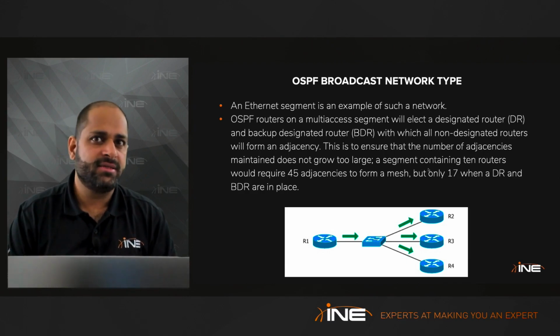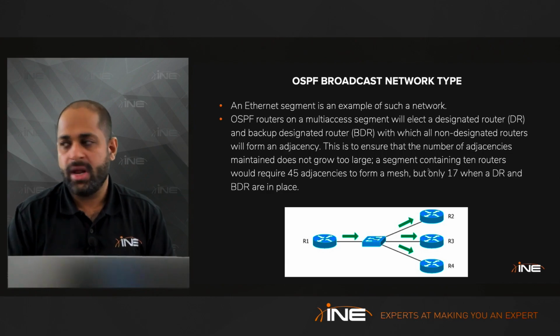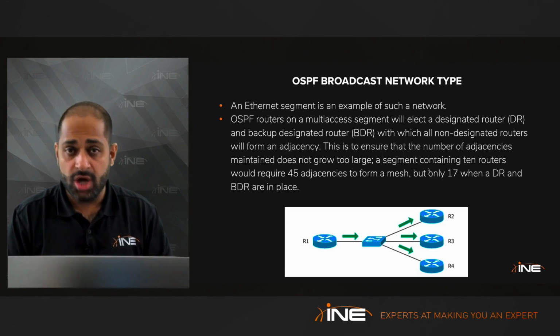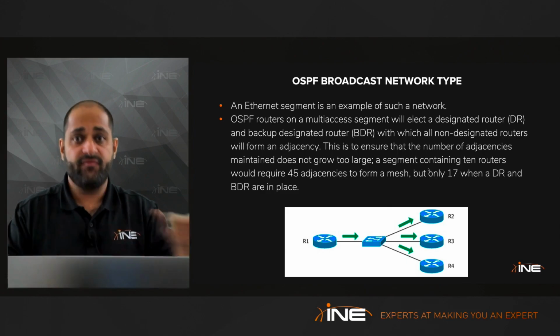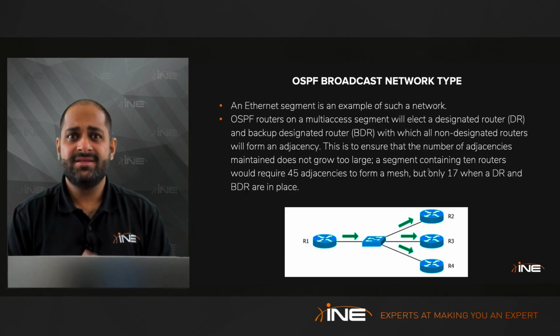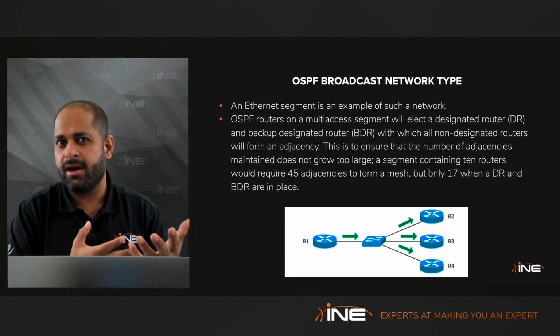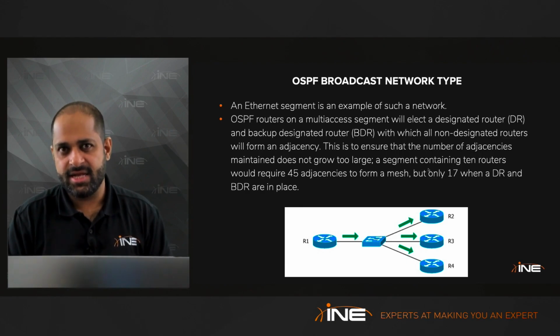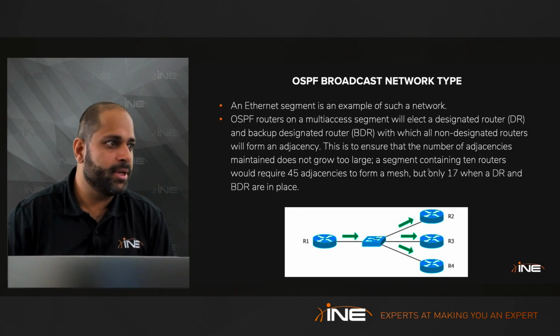Now, if R3 needs to send a link state update or any information, it would send that to the DR. It is the DR's job to send that information to everyone else. So basically, in your broadcast segment, having a DR and a BDR reduces the amount of LSAs that you would see in that broadcast segment.